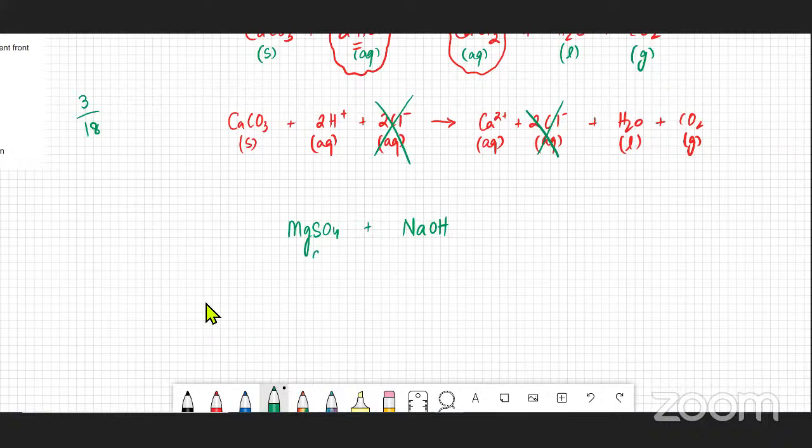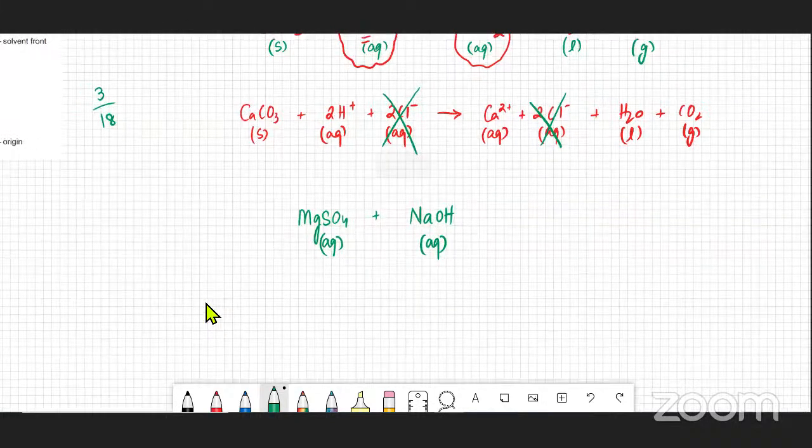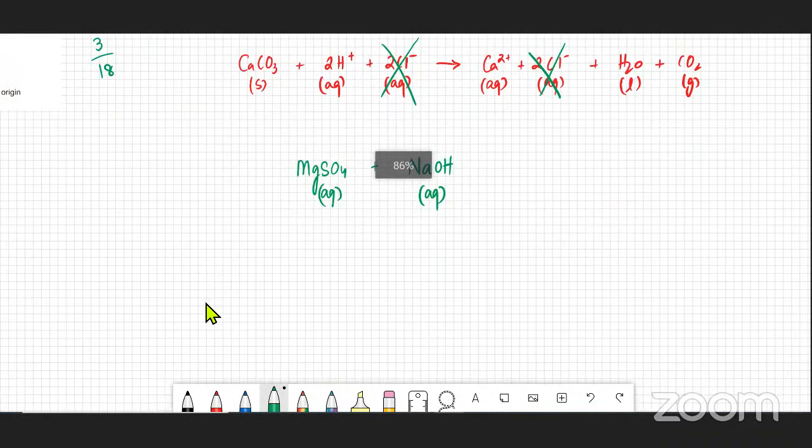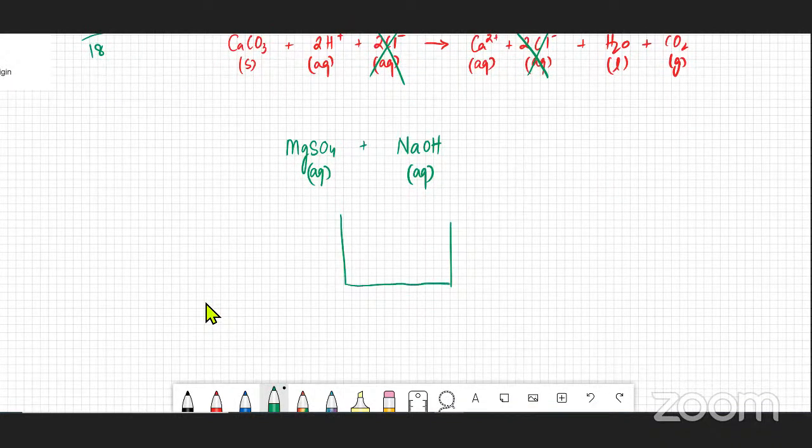Lekin since both of them are aqueous, और remember ionic precipitation का ख्याल रखना. अच्छा, so both of them are aqueous. So what happens is कि aqueous state के अंदर the ions dissociate. So you would have Mg2 plus roaming around, you would have SO4 2 minus roaming around, and you would have Na plus 1, and you would have OH ions.